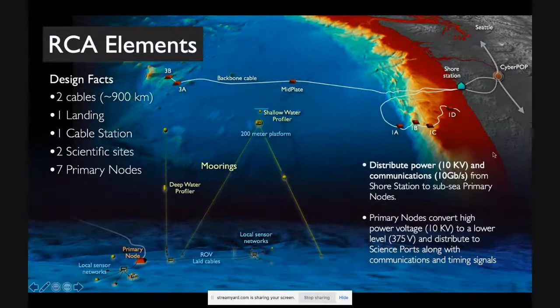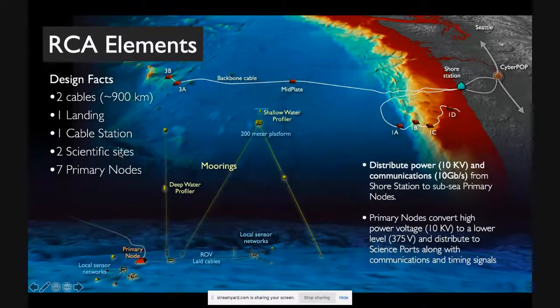The primary infrastructure is really this backbone cable. And there are 7 primary nodes, which you can see listed here as the mid-plate node, 1A through 1D, and 3A and 3B. There are the two main cables, the one landing at a cable station in Pacific City, Oregon, as well as multiple scientific sites.